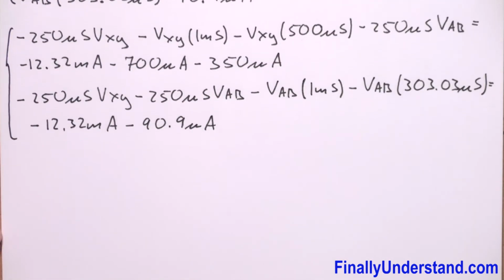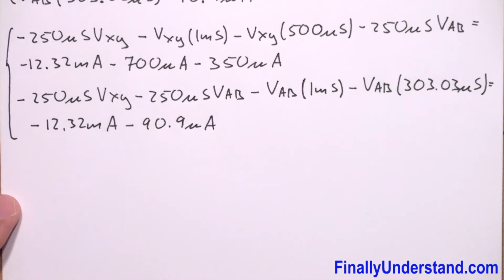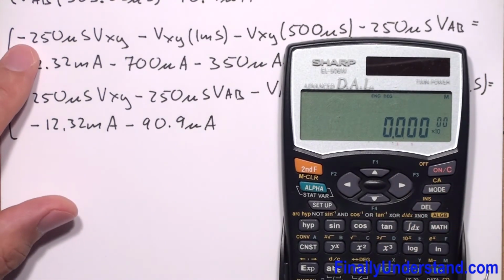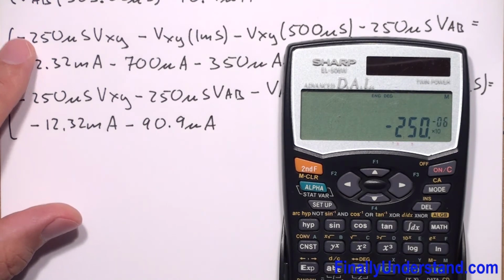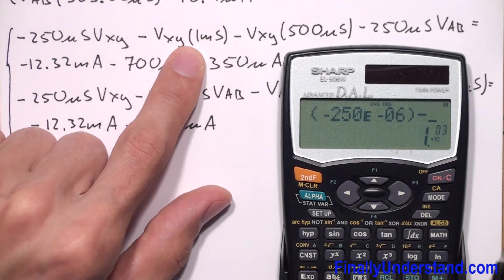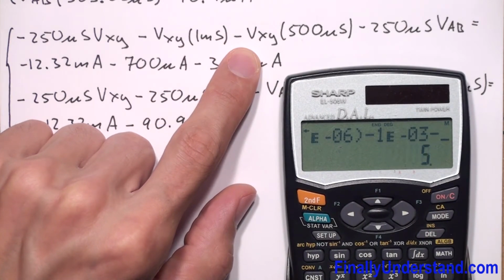Okay, so I got my two linear equations. Next, I'm supposed to simply combine the like terms. So I have negative 250 exponent negative 6, and I have minus 1 exponent negative 3, and I have minus 500 exponent negative 6.